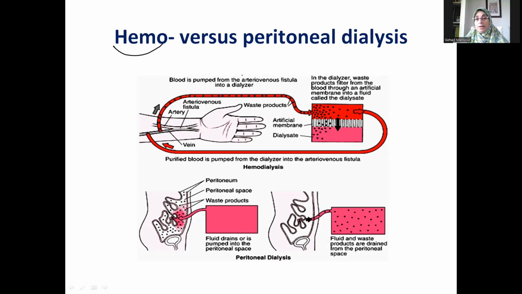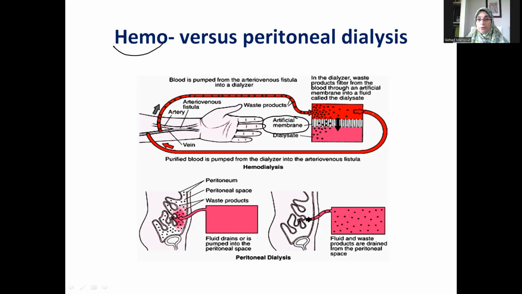In hemodialysis, we shunt the patient's blood outside the human body. We take the patient's blood in tubes outside the body, and then this blood passes through an artificial membrane.